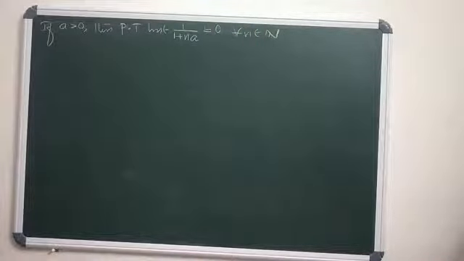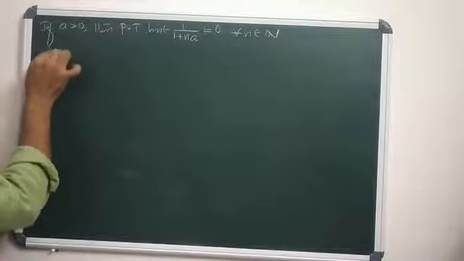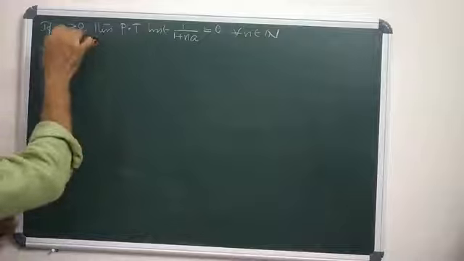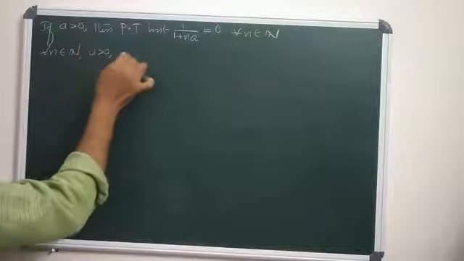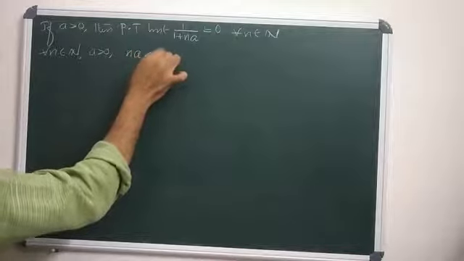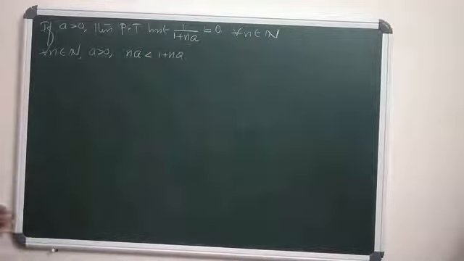So 1 by na for all n in the natural numbers. We know that a is positive, then na is less than 1 plus na, since n is a natural number and a is a positive real.